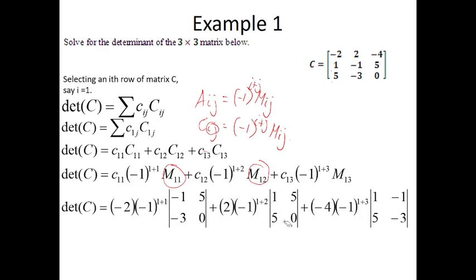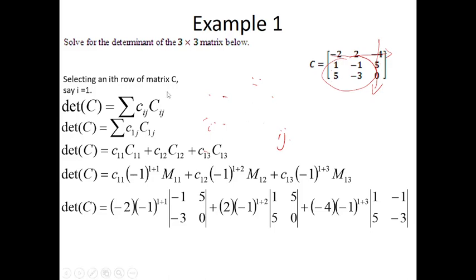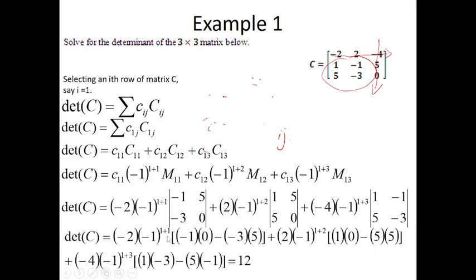And then, we have M13. Okay, delete row 1, column 3. So, we have that: 1, negative 1, 5, negative 3. Evaluate the determinant. Okay? So, then the determinant now will give us an answer of, ito, ang magiging sagot ay 12. Okay? So, the answer will be 12.